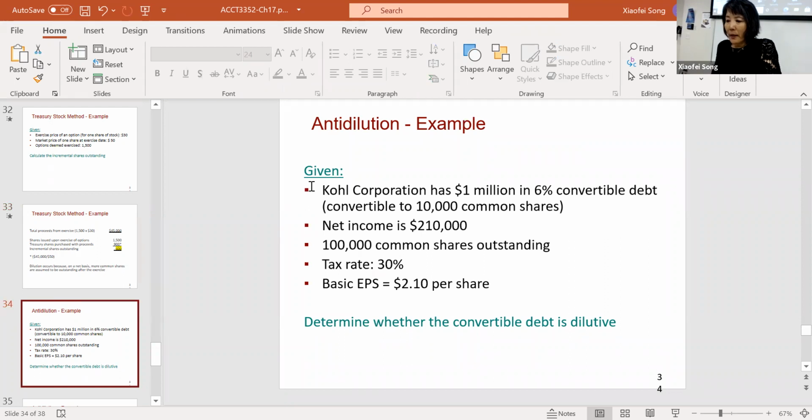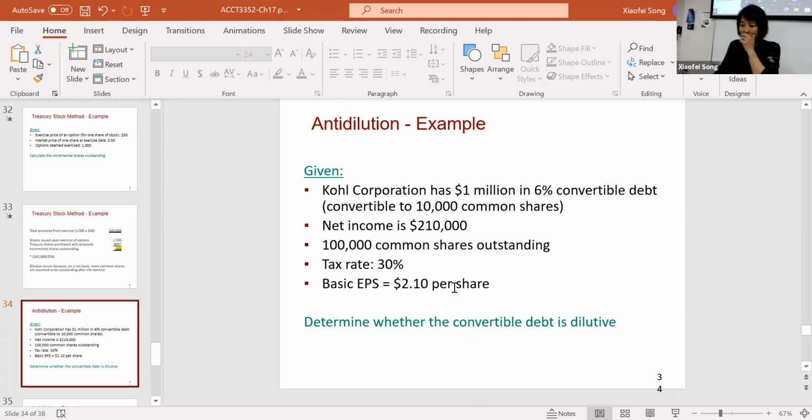Say the company has $1 million in 6% convertible debt, convertible to 10,000 shares, and the net income is $210,000, and there are 100,000 common shares outstanding, with a tax rate of 30%. So the basic earnings per share is $2.10.